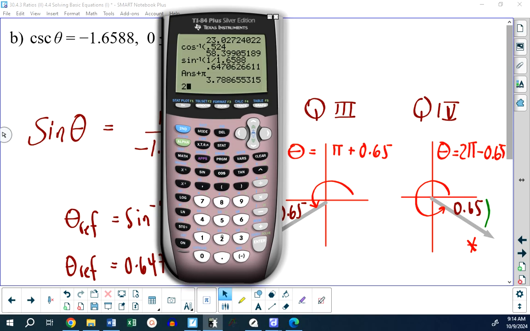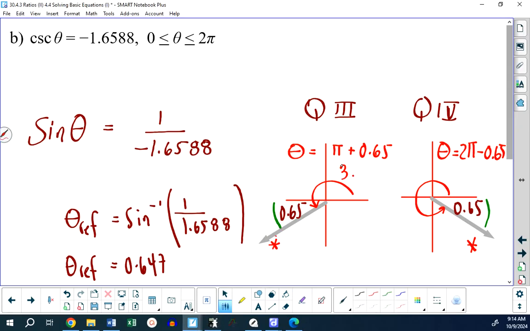And if we take 2 pi and subtract that reference angle, we get 5.6. So 3.8 and 5.6. 3.8 rads, 5.6 rads. Are we okay with that? Okay.